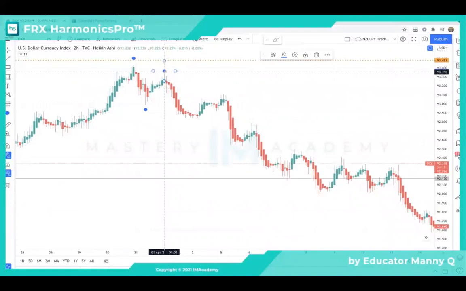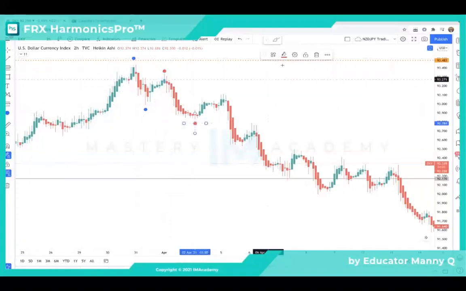Now this high point is lower than the previous high point, which means that this is now a lower high. From here, the market continued to swing back down, breaking the previous low and finding a new low point in the market.